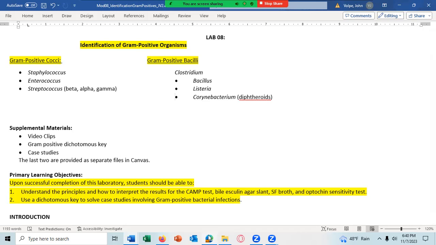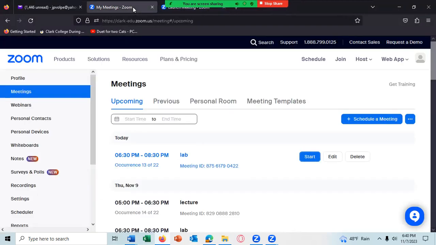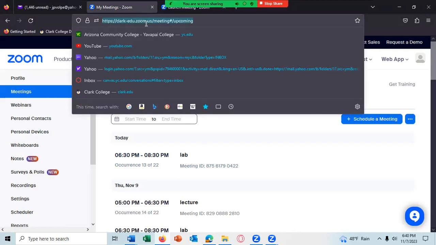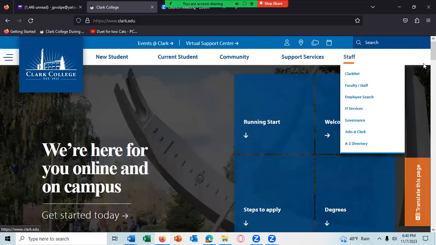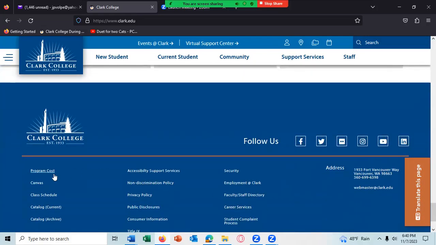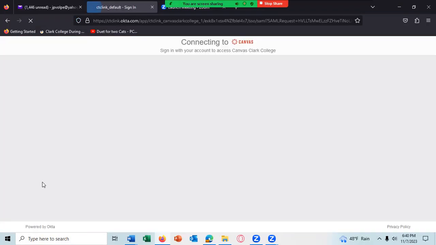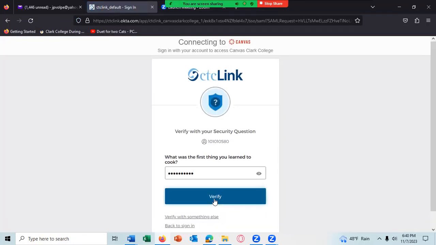And let me see how the case studies are organized for this lab. I don't remember off the top of my head. Oop, I'm not in Clark. Yes, no, I'm not. There we go. There's one lab where all the case studies are in separate files.